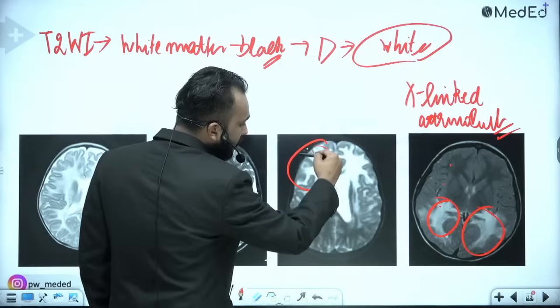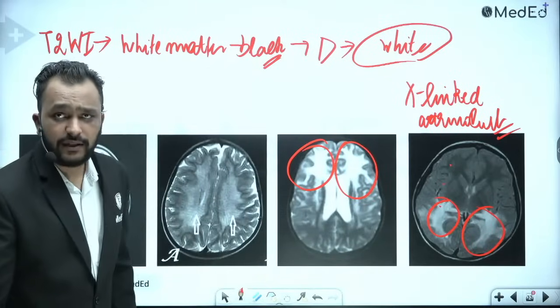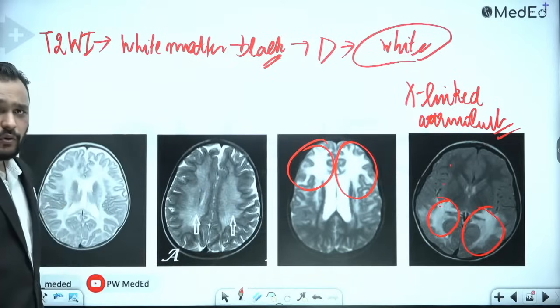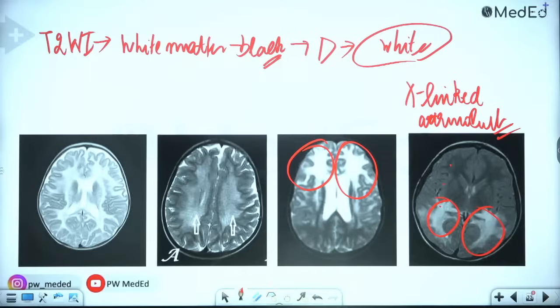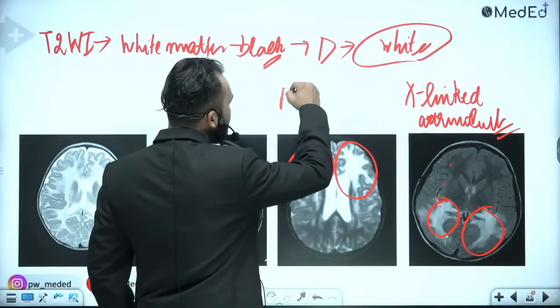If it is involving both the frontal lobes, which leukodystrophy will this be? Anyone, guys? In the comment section, what is the leukodystrophy involving both the frontal lobes? It will be Alexander disease.